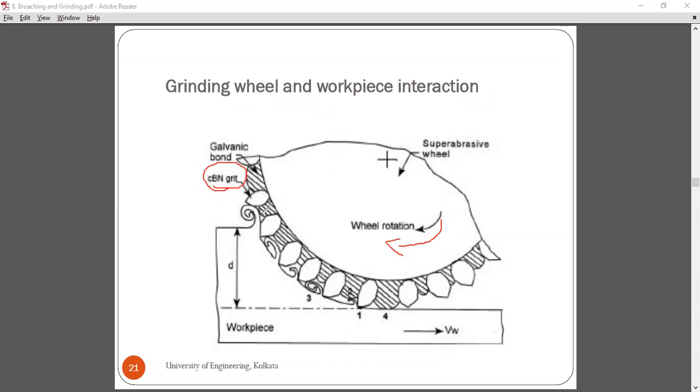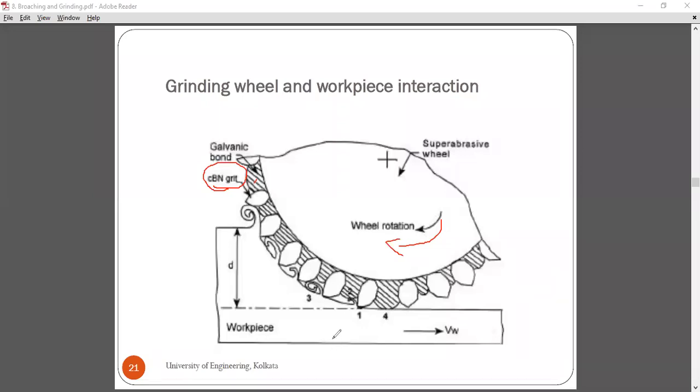So the tool material in the form of grit is cubic boron nitride, and this bonding material is the galvanic bond. This bonding material is used to combine all these grits together and give them a shape in the abrasive wheel, or the grinding wheel rather.